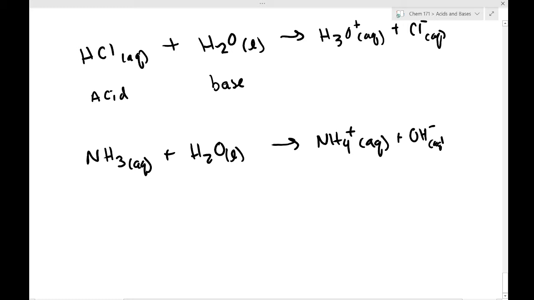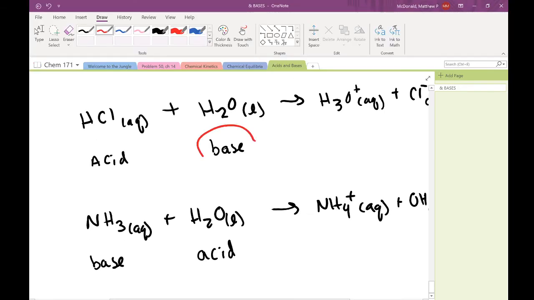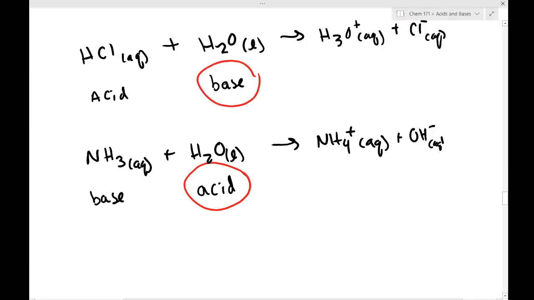We have the base, which is the thing that is accepting the proton. But in the case of this reaction, the water is acting as the acid. Okay, so this is kind of weird, right? We have one reaction where water is a base and another reaction where water is an acid. This is a pretty special thing. Not everything has this ability to be both an acid and a base.